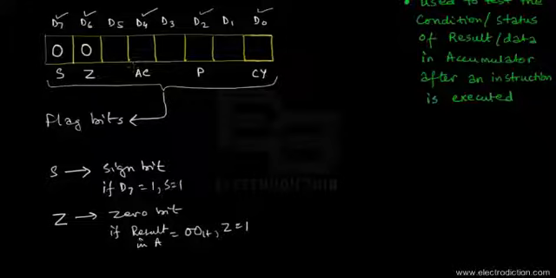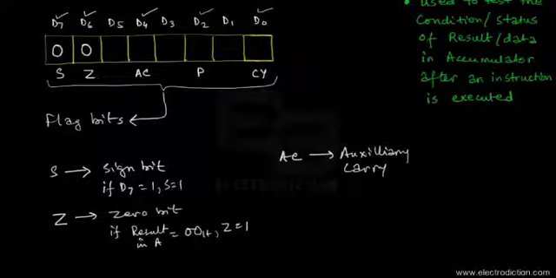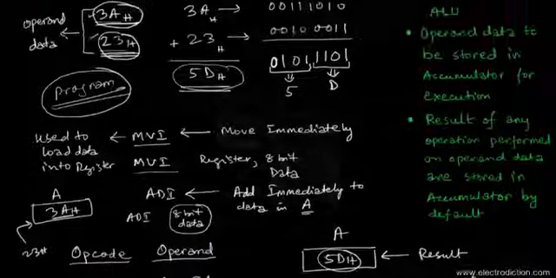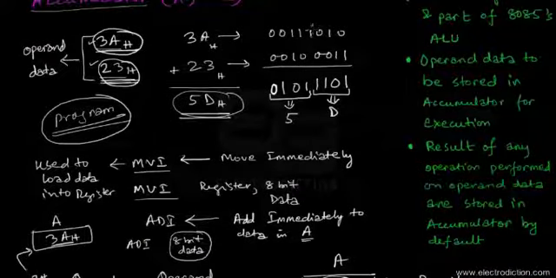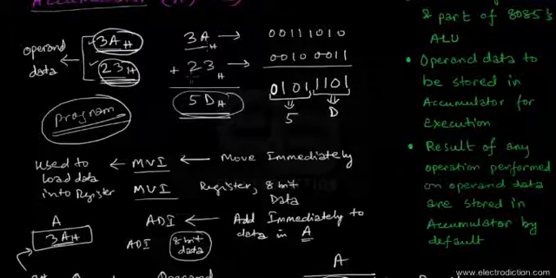Now next we come to D4, that is AC, which stands for auxiliary carry. In this auxiliary carry bit, bit D4 is set if we have a carry from the D3 to D4 bit positions, like for example when we were adding the numbers 3AH and 23H.